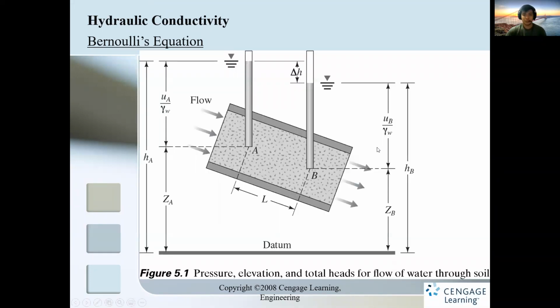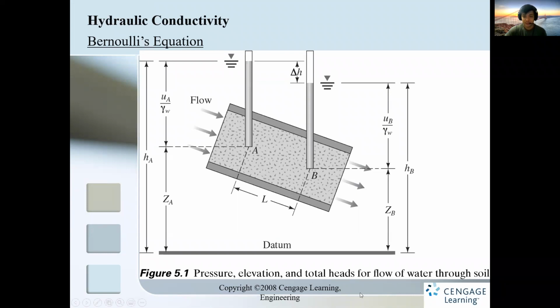Okay, so this is usually your flow in your Bernoulli's equation. Now, the Bernoulli's equation will be coming from two observation wells or two observation points. For example, this is your soil specimen.